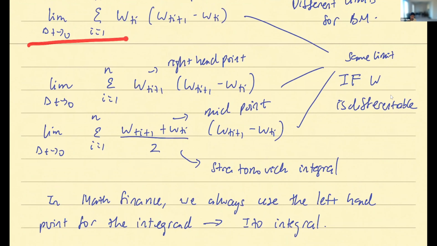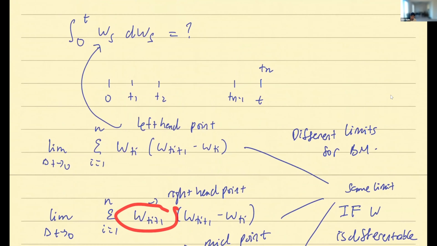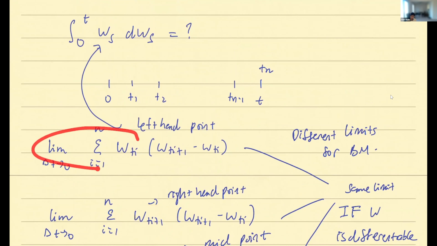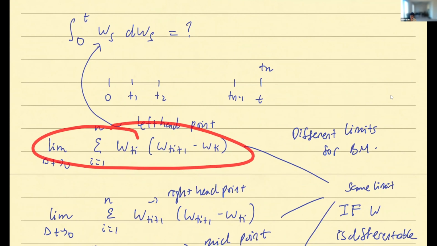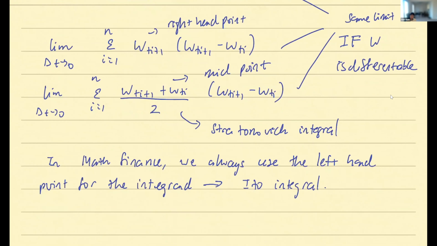right, the numerical simulation. Because say if you are not careful, and you choose the right-hand point, which happens a lot, then when you push to convergence, you will not get what we get if we use the left-hand point. Does that make sense? I'll ask you to do that also on homework, right?